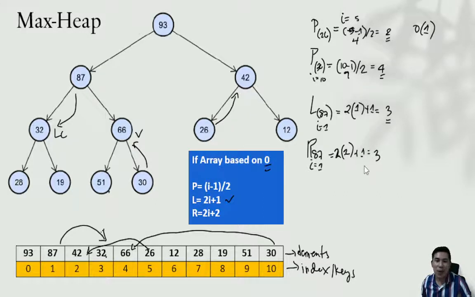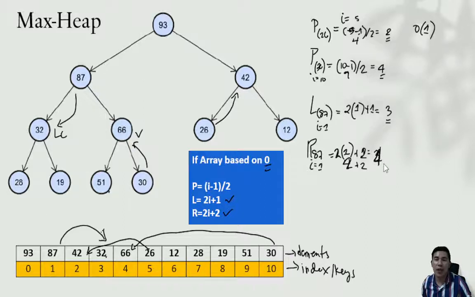Sorry, that is the left child formula. For the right child we use 2i plus 2. So 2 times 1, which is 2, plus 2, is equal to 4.